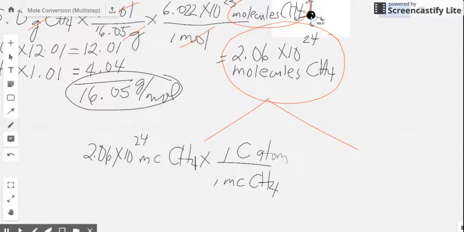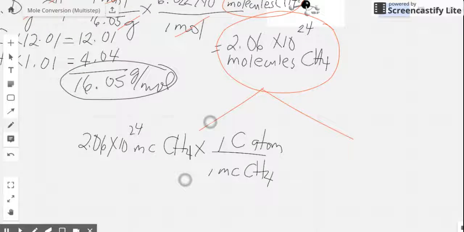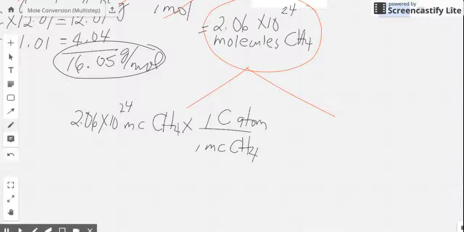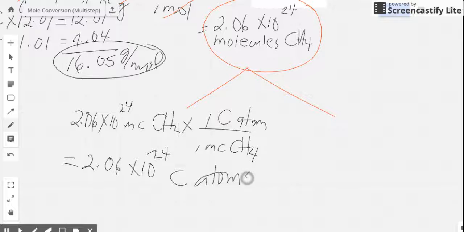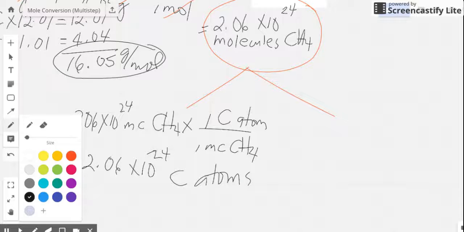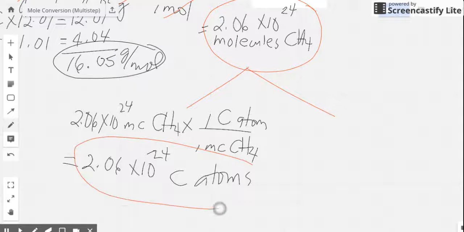In other words, just multiply your 2.06 times 10 to the power of 24 by 1. And so you get the answer to be still 2.06 times 10 to the power of 24 carbon atoms. So that is how we can approach getting the carbon atoms.